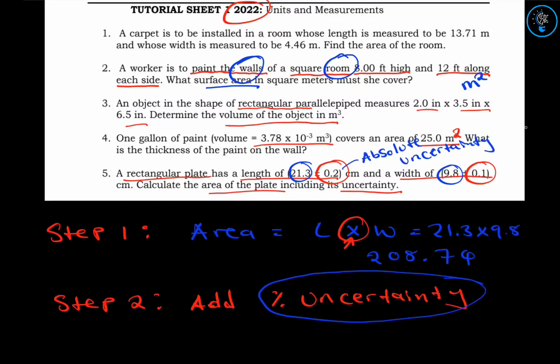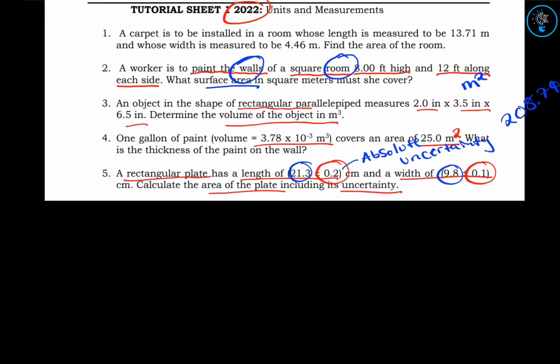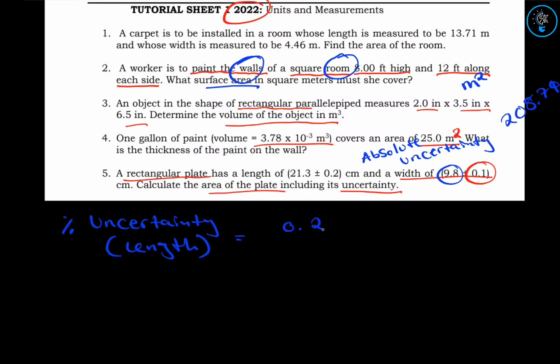Let's do it. So I'm going to write this value, 0.74, this side. Let's convert the length first into percentage uncertainty. The percentage uncertainty of length will be equal to 0.2 divided by 21.3 times 100%.